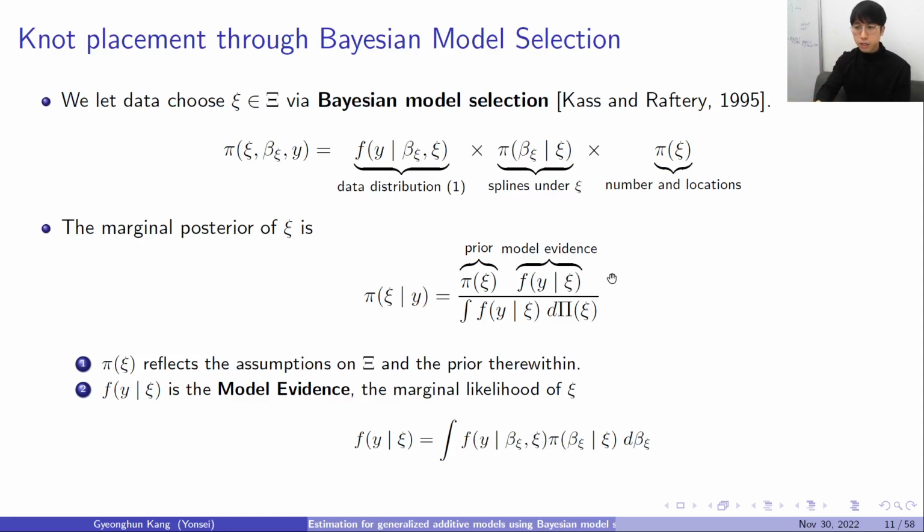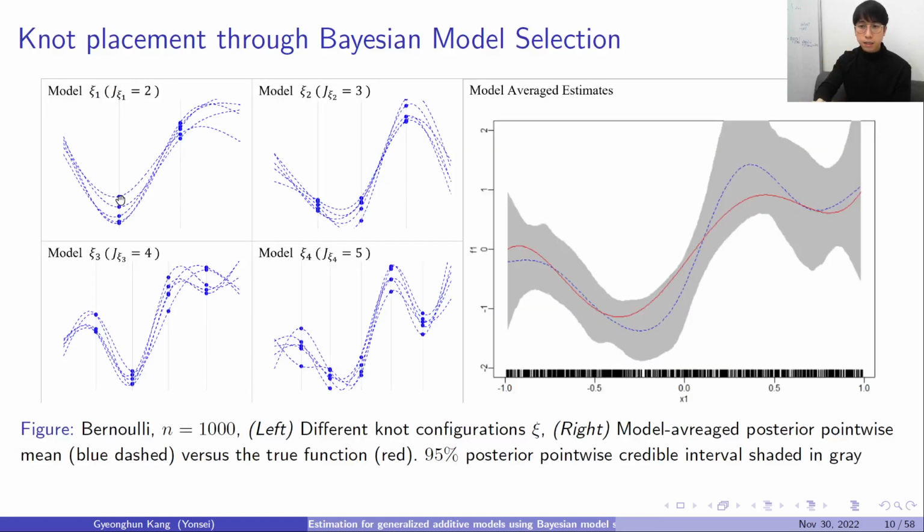The model evidence is the marginal likelihood of the model, across all the possible splines that can be drawn under the model. What it means is that inside this model, where there are only two knots, each dotted curve here corresponds to a specific value of the regression spline coefficient beta.